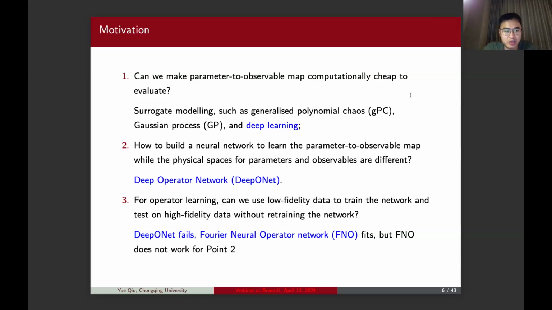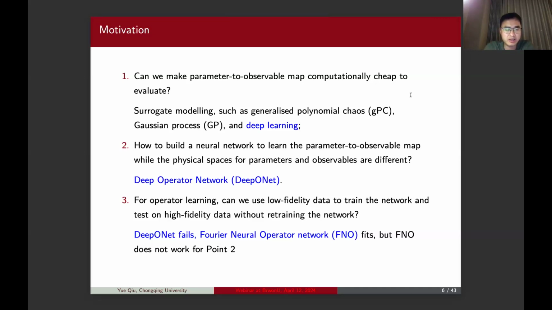The third point is that for operator learning, can we use low fidelity data, or data of low resolution, to train the network? Because this can easily reduce the computation cost, and we would also like to use the model trained on low fidelity data for high fidelity predictions.